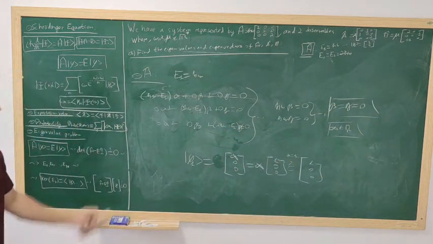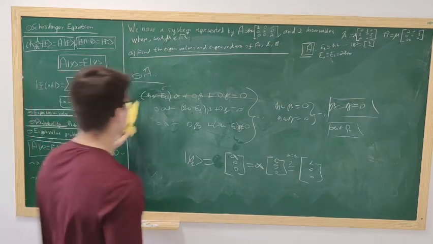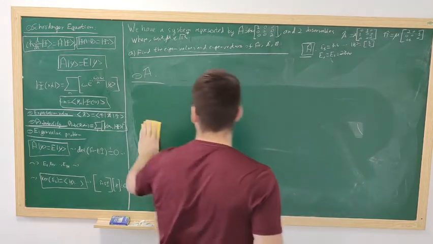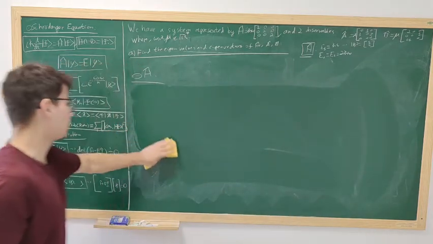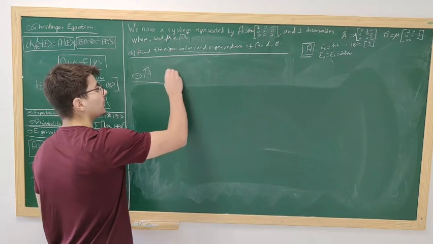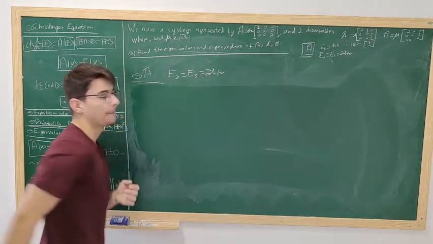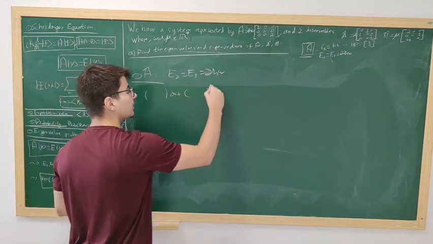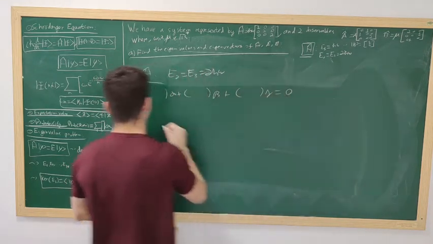We have our first eigenvector, phi 1. The next one will be for E2 equals E3 equals 2ħω. To find it, again, we have the matrix times alpha, beta, gamma equals 0.